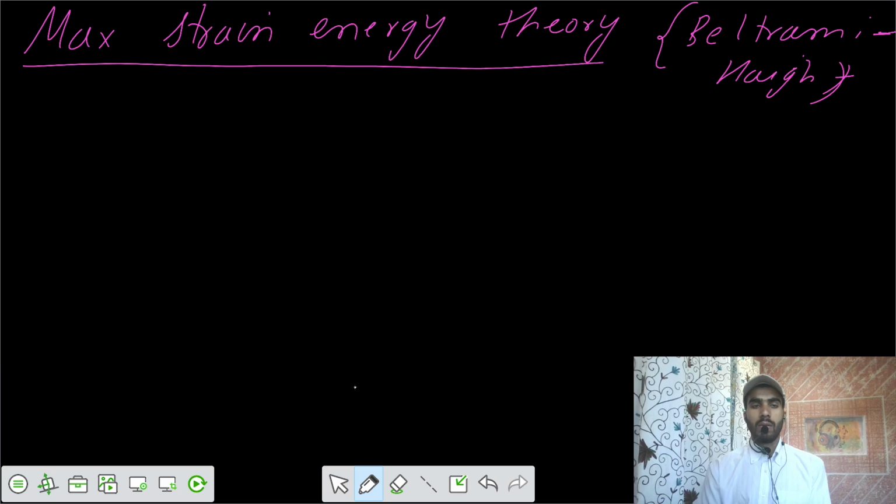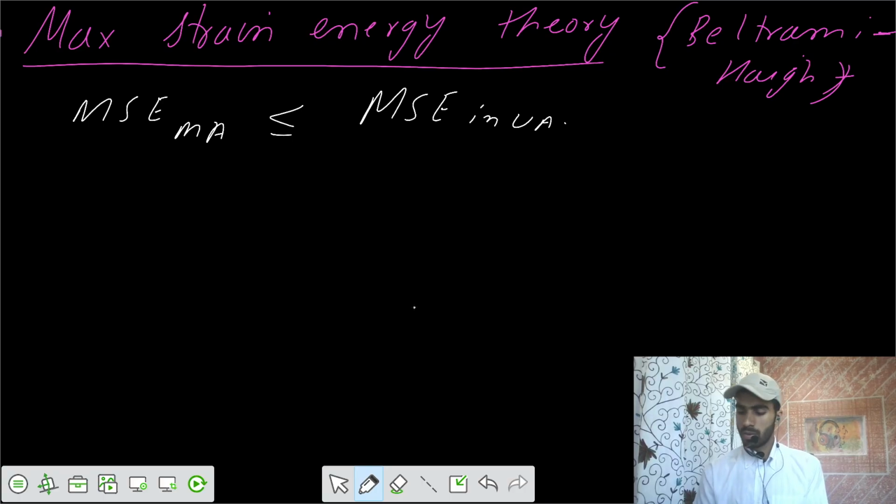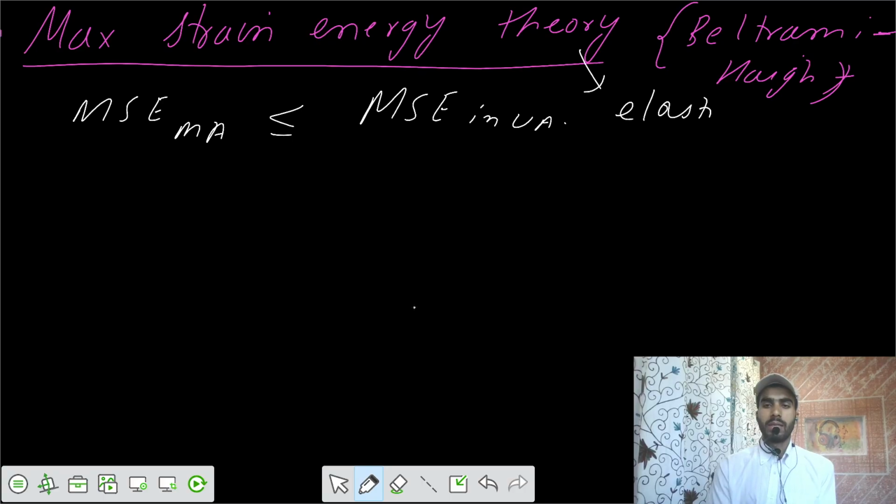So maximum strain energy, it says that maximum strain energy in multi-axial loading should be less than or equal to maximum strain energy in uniaxial loading. So this method uses only up to the elastic limit.